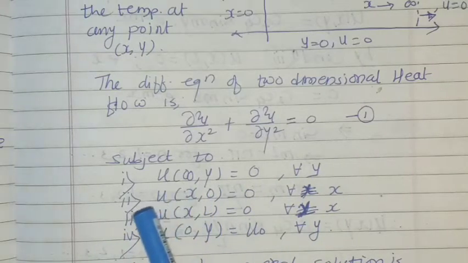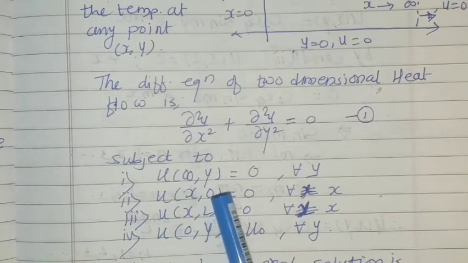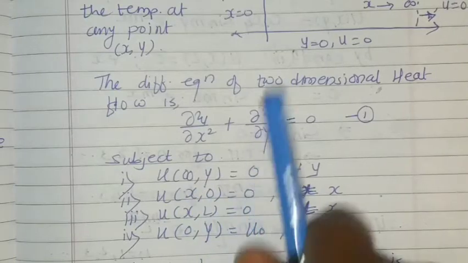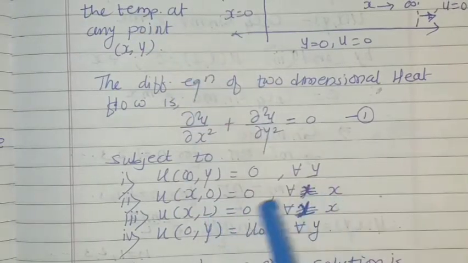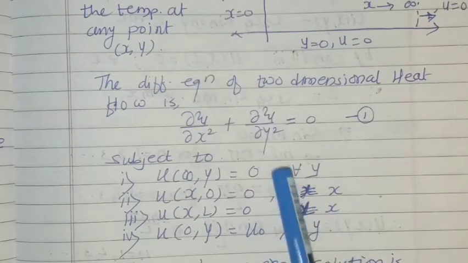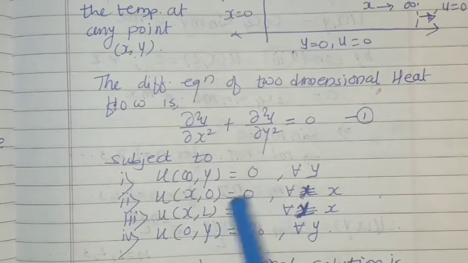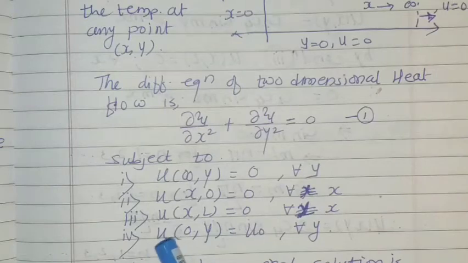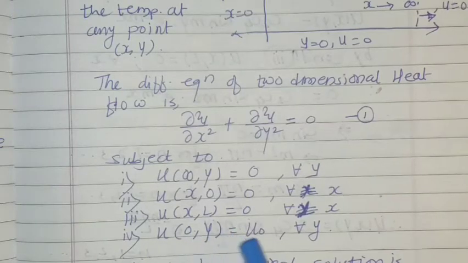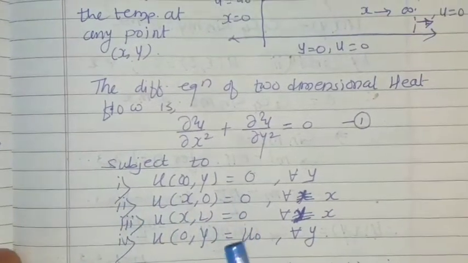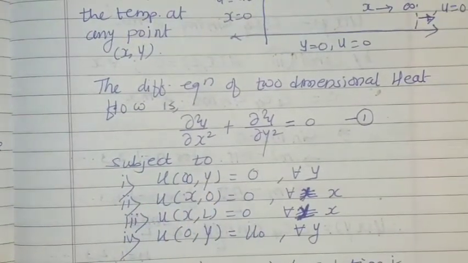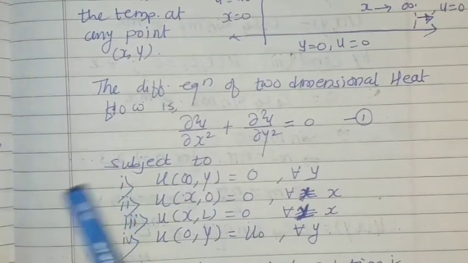The next boundary conditions, when y is 0 and y is L, also give temperature 0 for every x. So all the boundary conditions with 0 value we have written initially, and at the end the temperature at x equal to 0 is the constant u0, for every y. We are going to apply them one by one, like we did in the previous example.